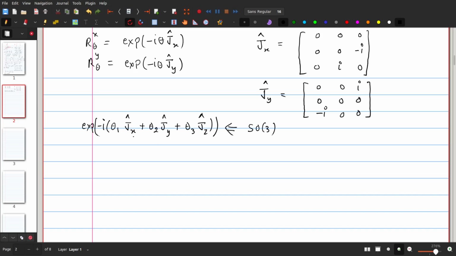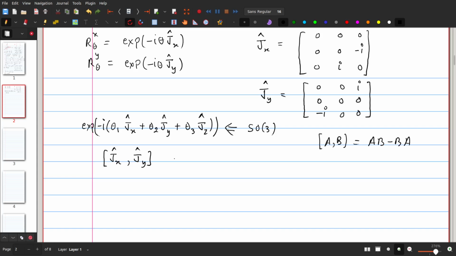So these are called the generators of this rotation group, and their commutation relations are written as follows. If we take the commutator of jx and jy, here by commutator we mean that if we have two matrices A and B, then their commutator is defined as AB minus BA.